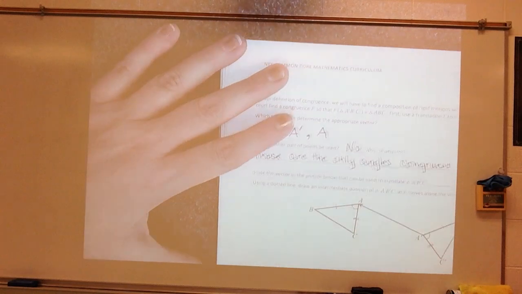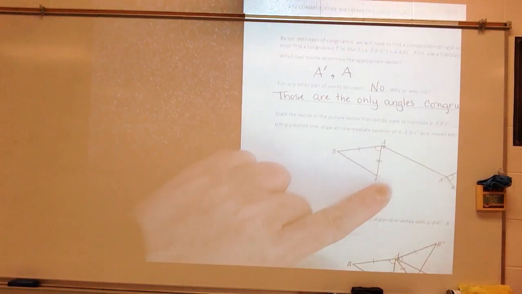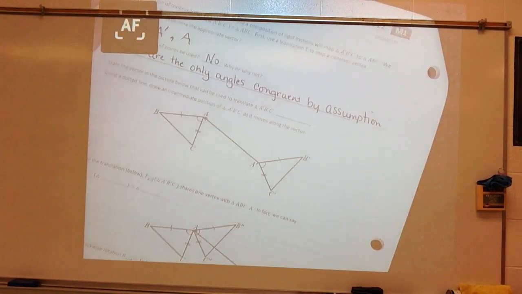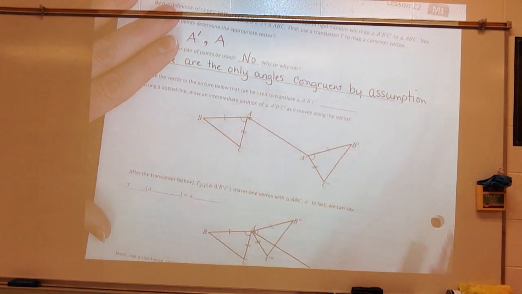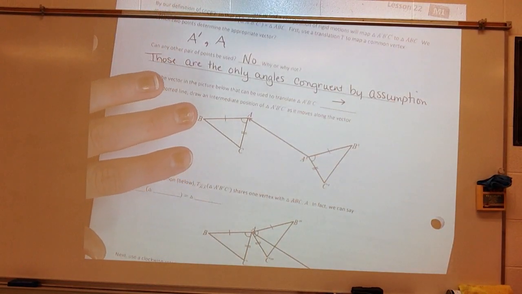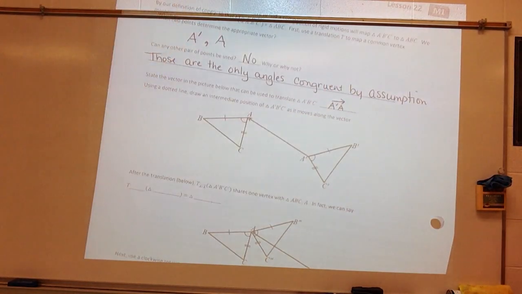So I can actually create a ray. And if you'll look at this next picture shows you that ray that we can create. So I can create ray A prime A. In other words, that is where I can kind of either slide my figure along or rotate my figure along.